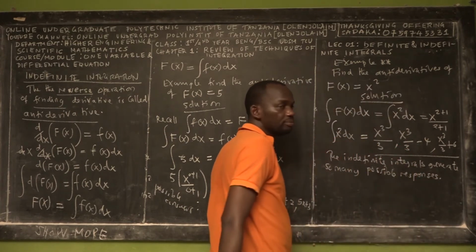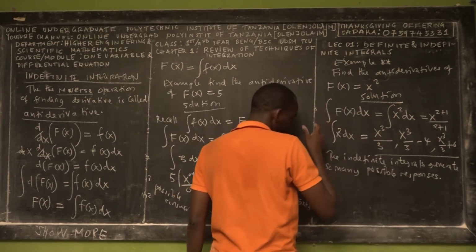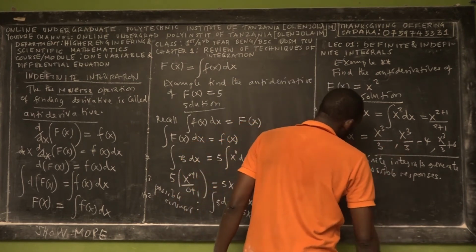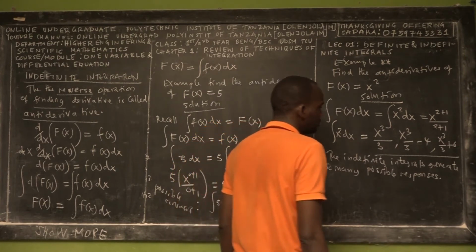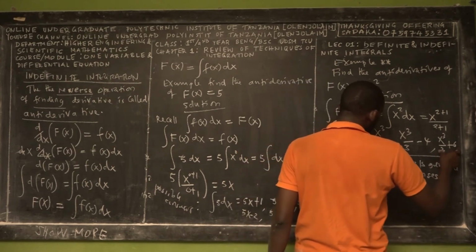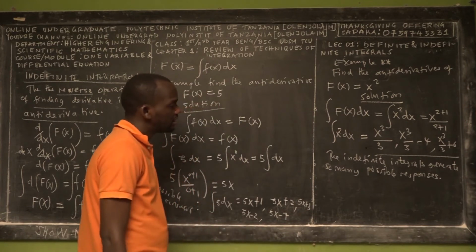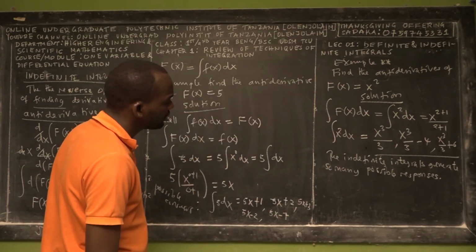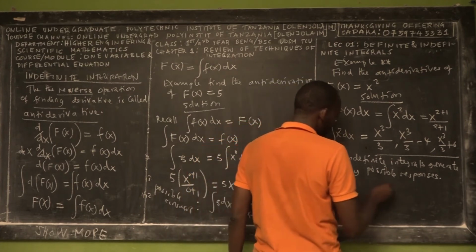What does it mean? If you differentiate this function, x cubed over 3 minus 4, you get the same derivative. And even if you differentiate this one, you get the same derivative as this one. So the indefinite integral generates so many possible responses.